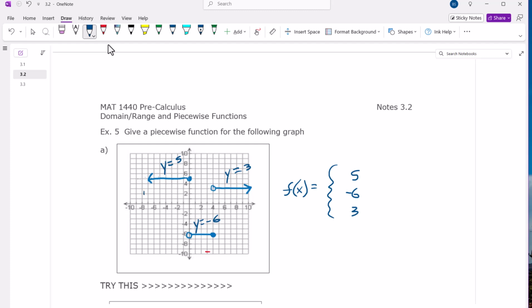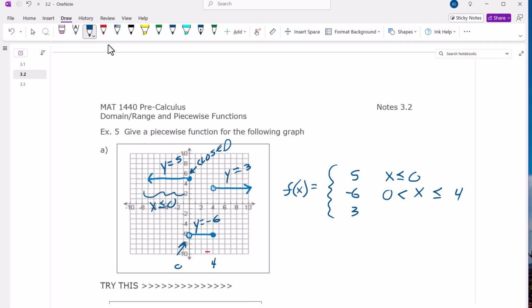So this interval here would be when x is less than or equal to 0. Okay, and the reason it's less than or equal to is because that is closed. Now the next one, you're going to be between 0 and 4. So you're going to be open and closed. So you say 0 to 4. You exclude the 0.